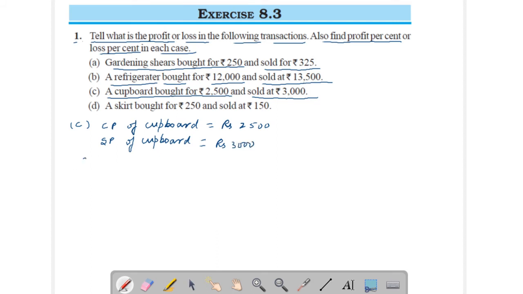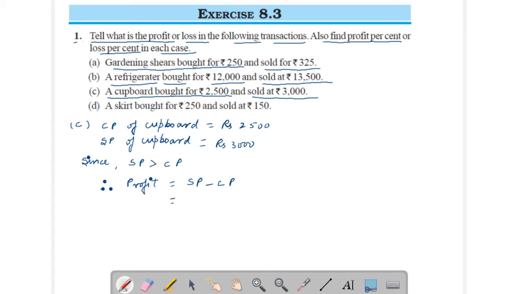Here since SP is greater than CP, therefore there will be profit, and profit is given by SP minus CP.